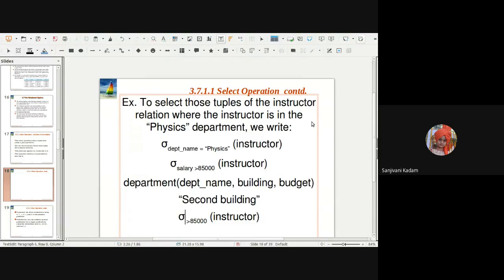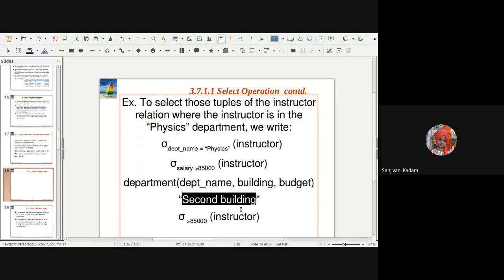Okay, we will come to this answer first. Here, is the value given at the start or is the column name given at the start? Is this department name a column or a value? Column. It means that whenever we pass the condition, we should always pass the column name first, then the comparison operator, then the value.